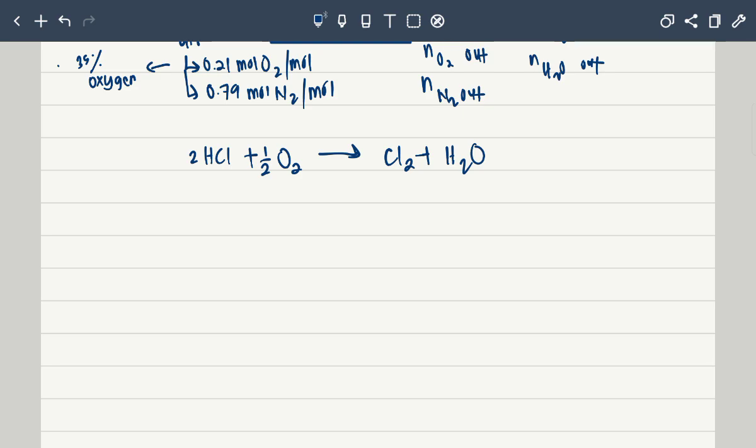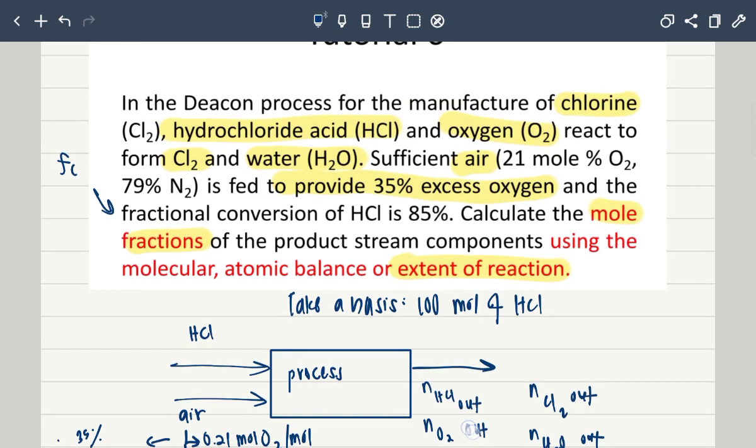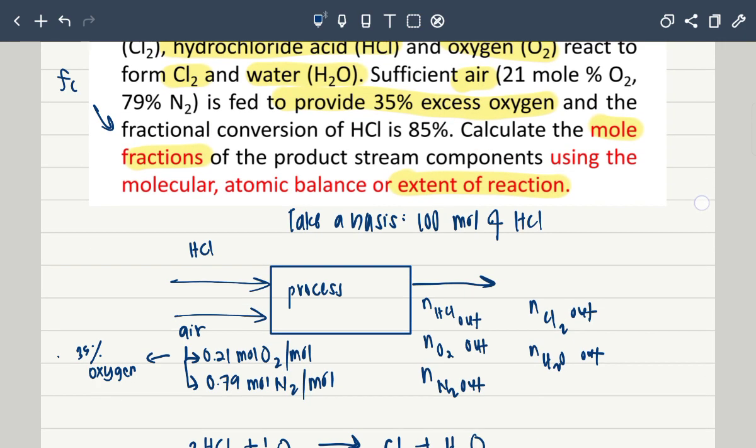So I will write here, basis 100 mol of HCl. Kita buat basis ni sebabkan question tak bagi apa-apa maklumat tentang the complete one, the mole one. So kita just assume that 100 mol of HCl used for this process.